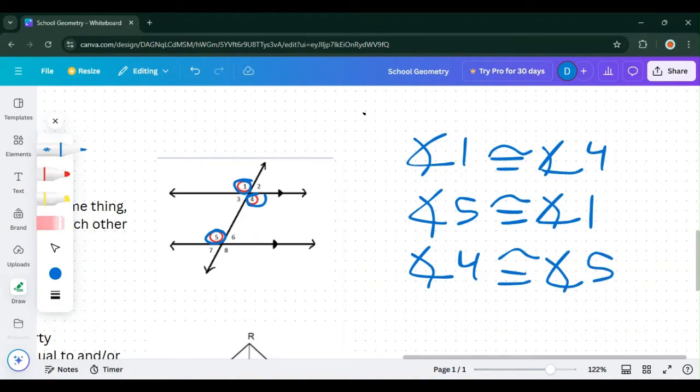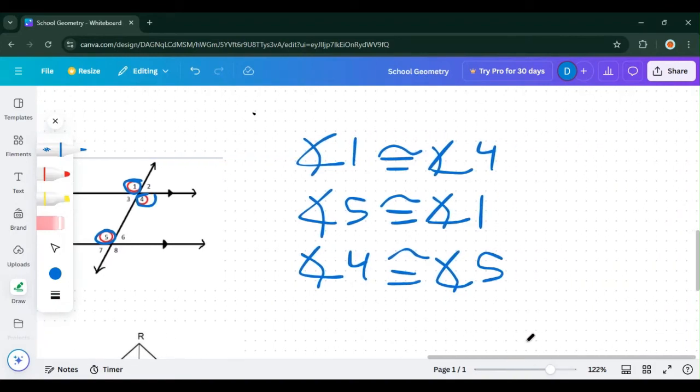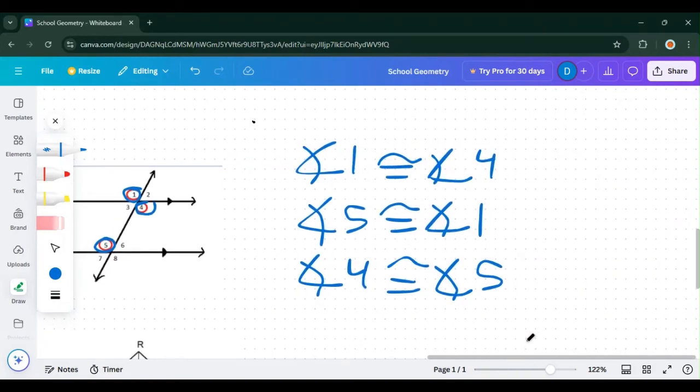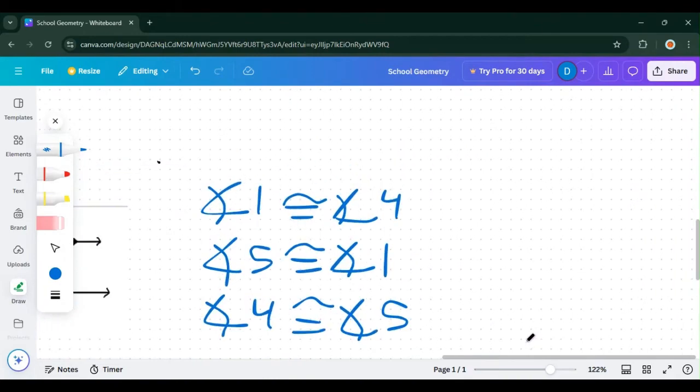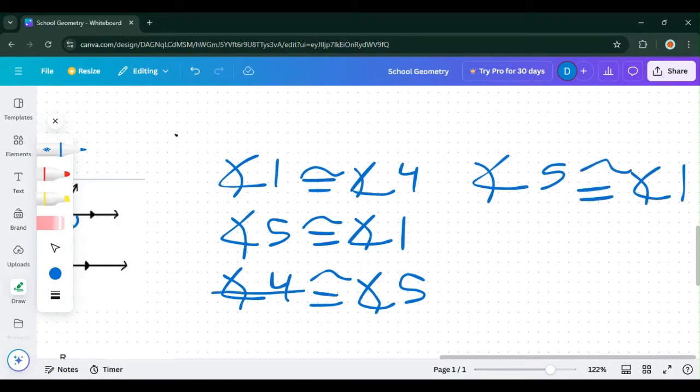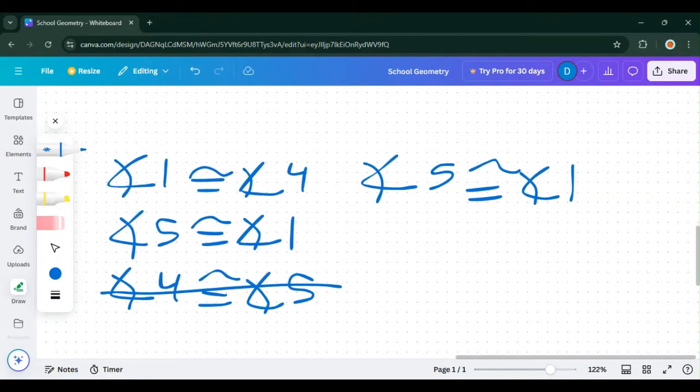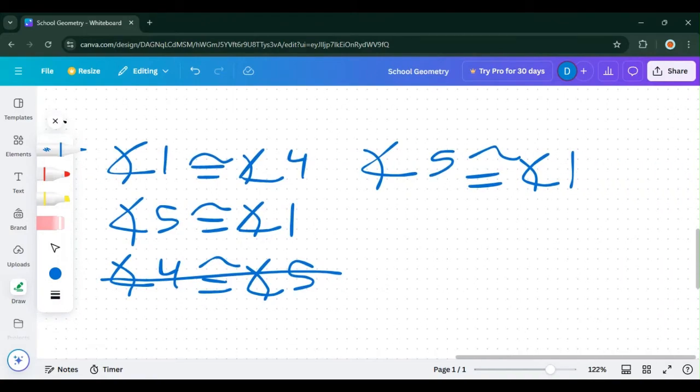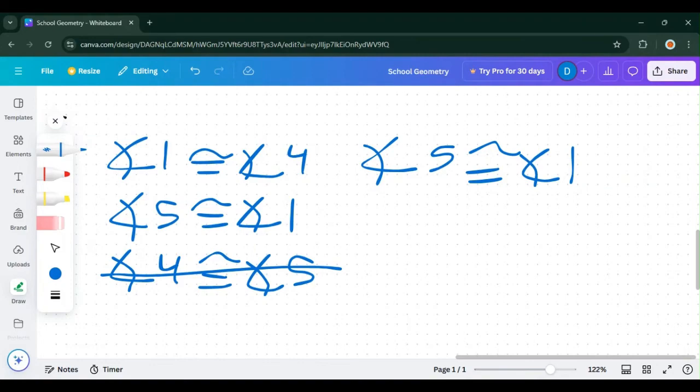And you'll learn this later, but what I wanted to say is basically, if angle 1 is congruent to angle 4, and then angle 5 is congruent to angle 1, that means without proving that angle 4 and angle 5 are congruent, we can already see that angle 4 and angle 5 are congruent.